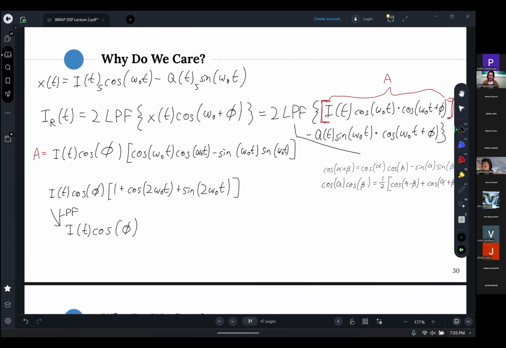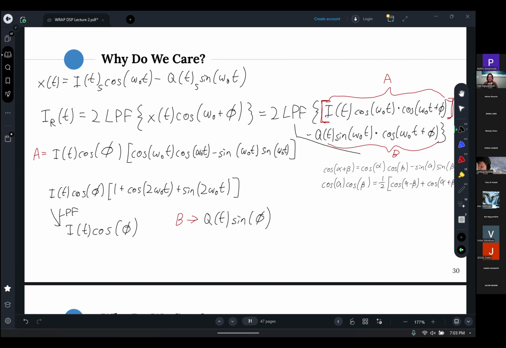And then if I do this one, the bottom part of this, if you calculate that out and then take the low pass of it, that is going to give you negative Q of t times sine of phi.